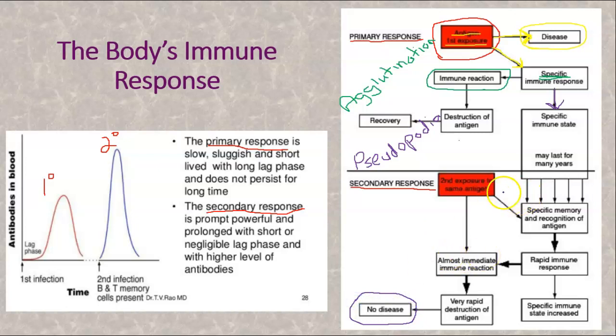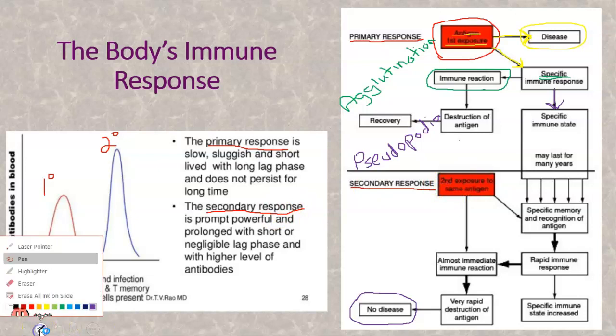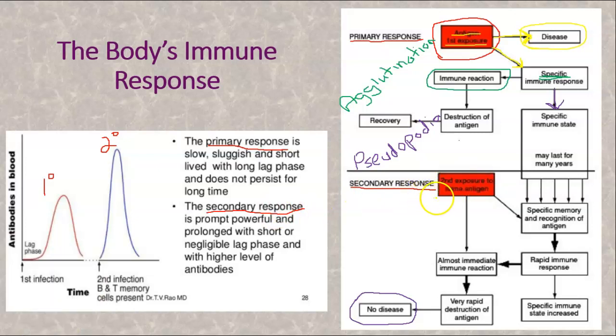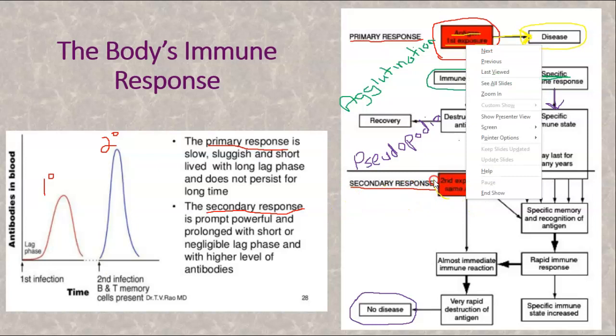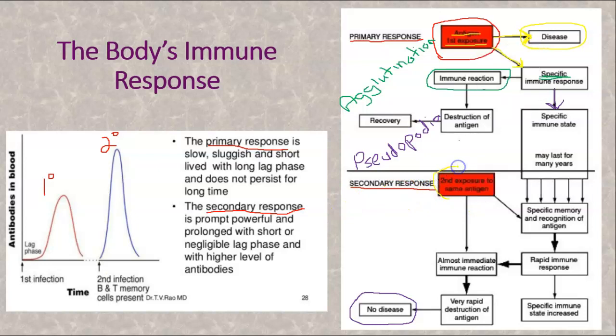So how this works is that when there is a second exposure to the antigen, almost immediately there is an immune reaction.